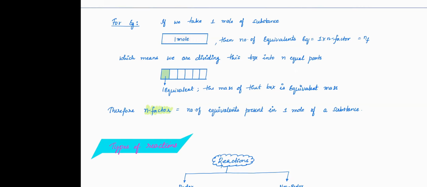Imagine a box of weight, like a loaf of freshly prepared bread, and now you're cutting it into slices. The total number of slices you get will become the valency factor. One equivalent is the mass of one slice, and that is called the equivalent mass. So the n factor is the number of equivalents present in 1 mole of a substance. Clear?